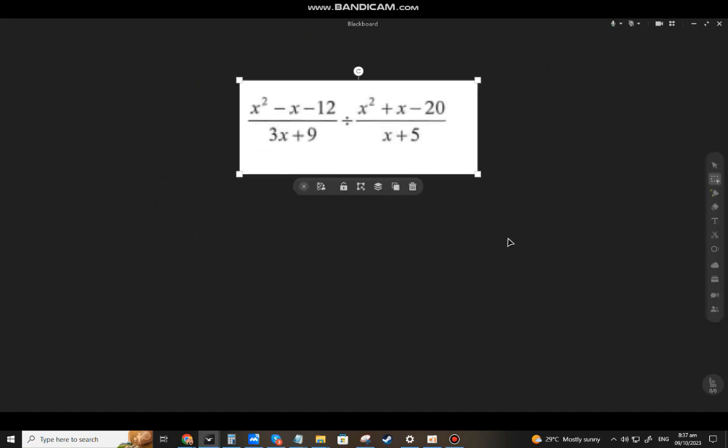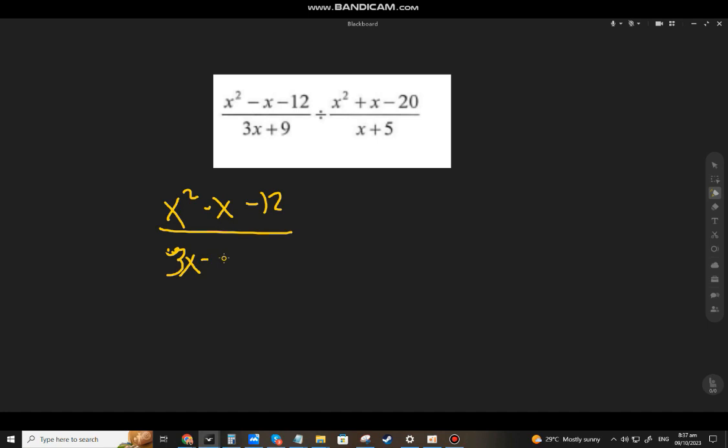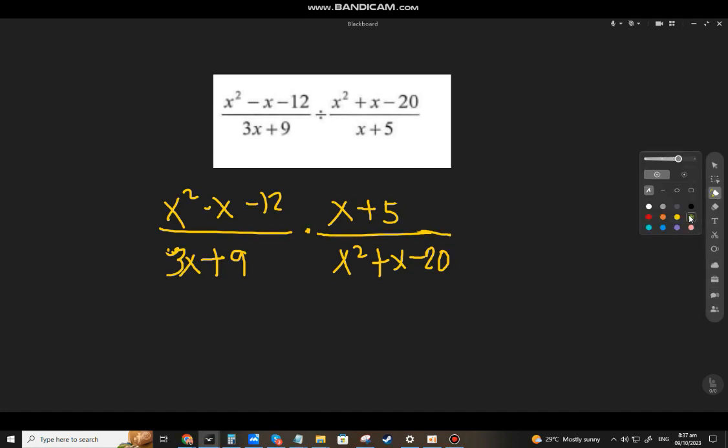For this one, we just rewrite it first. The reason why I'm not yet factoring it is so it will be clear, especially for beginners. So let me rewrite it first, and multiply it by x plus 5 over x squared plus x minus 20. Now, we're going to factor them.